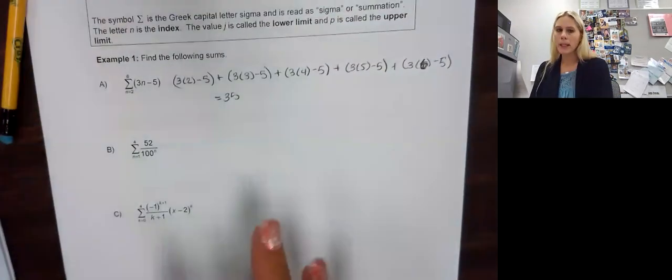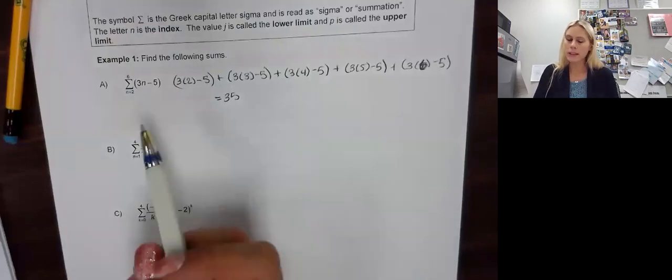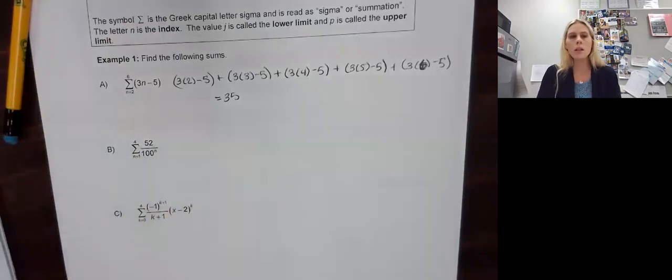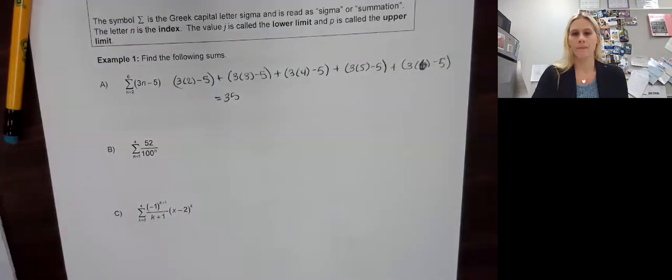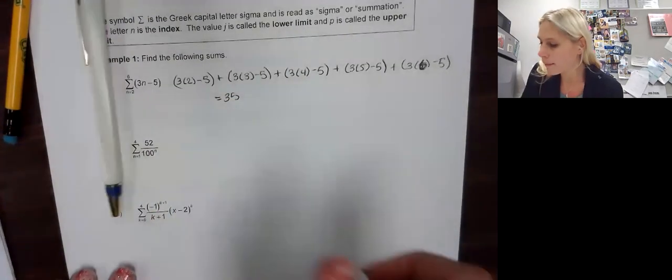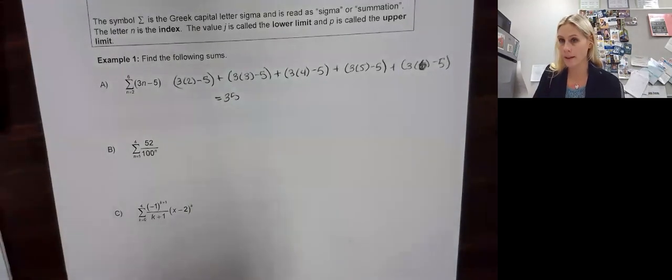All right, B. Here, it says we're going to start when the term is 1, and the last term is 4. So I'm going to write this out and then plug it in my calculator.